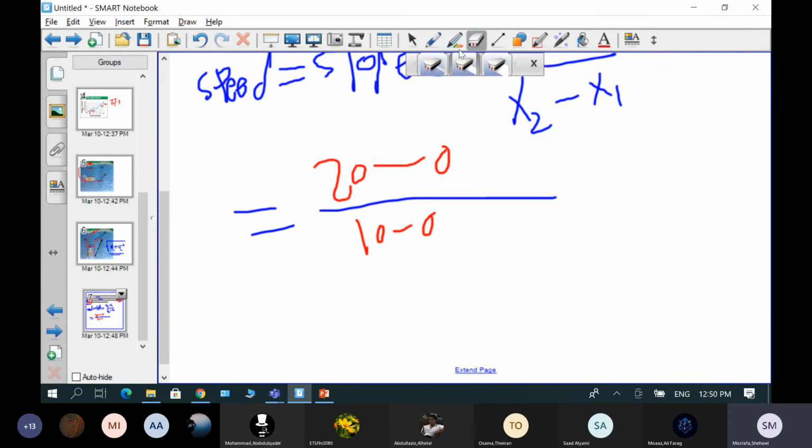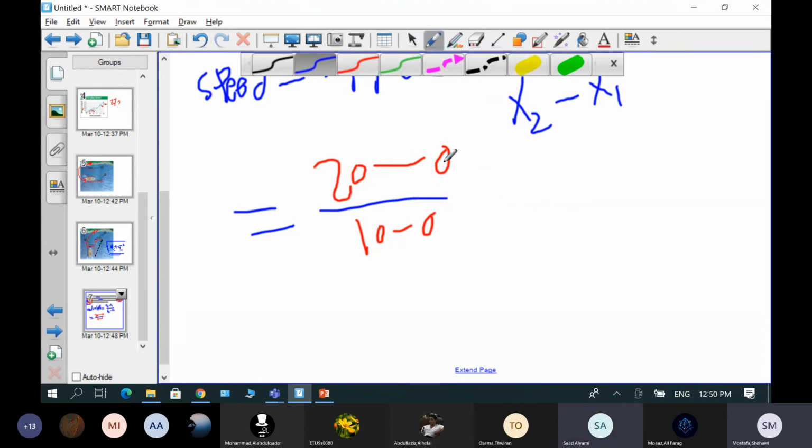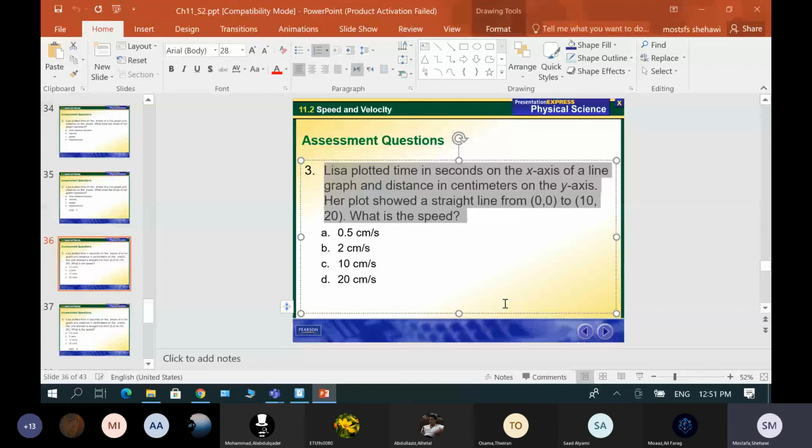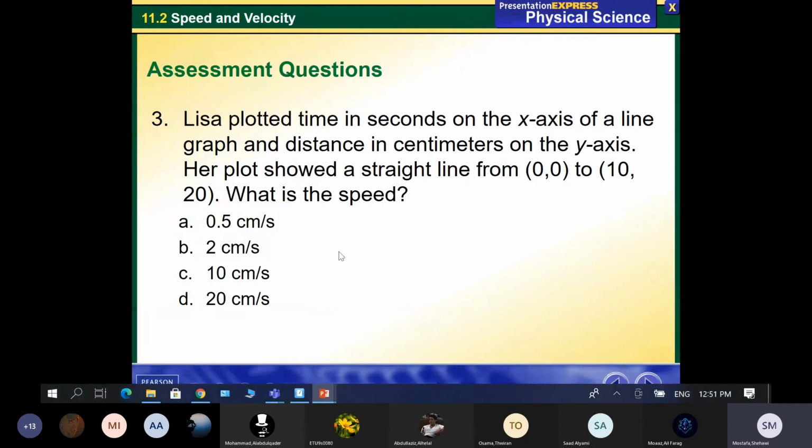So what would be the answer? It will be 2 meters per second. So the answer is 2 meters per what? Per second. The answer is B.